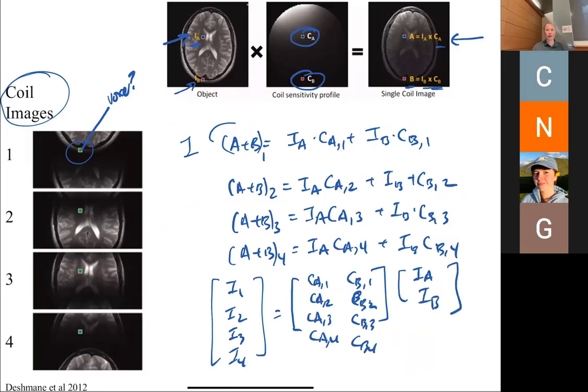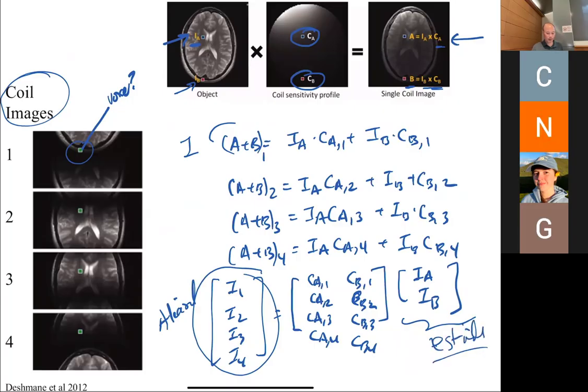And that's an equation I can solve. So that's now a linear equation. These are my aliased images, and this is what I want to estimate. So that's what the recon is going to do.